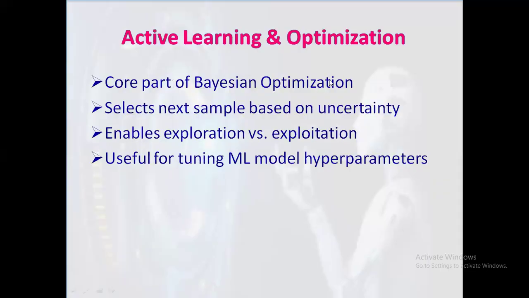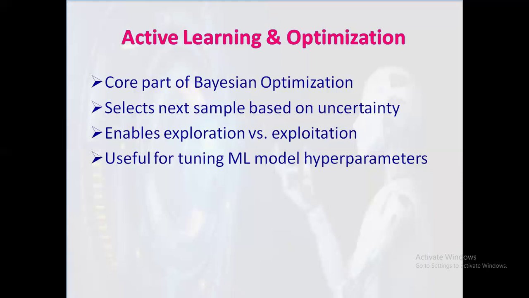Next, active learning and optimization. One of the most powerful applications of Bayesian linear regression is in active learning. BLR can be used to select the next data point to label based on the areas of highest uncertainty, making the learning process more efficient.